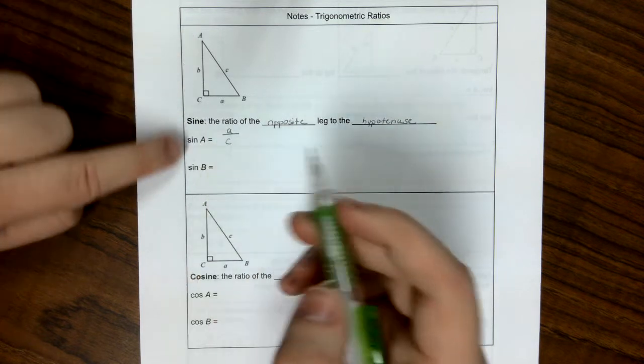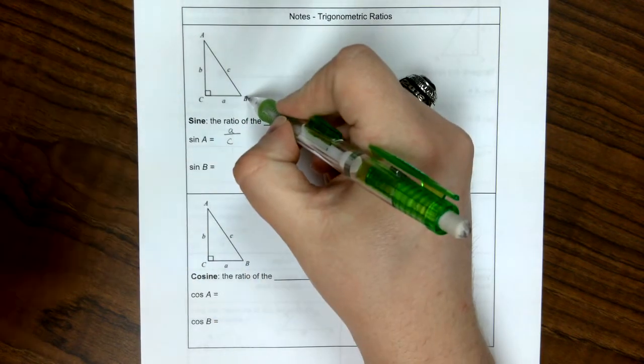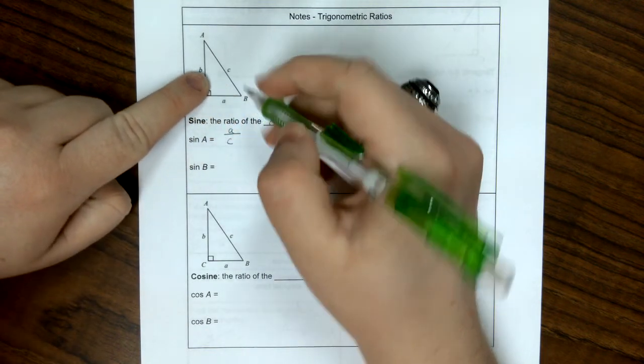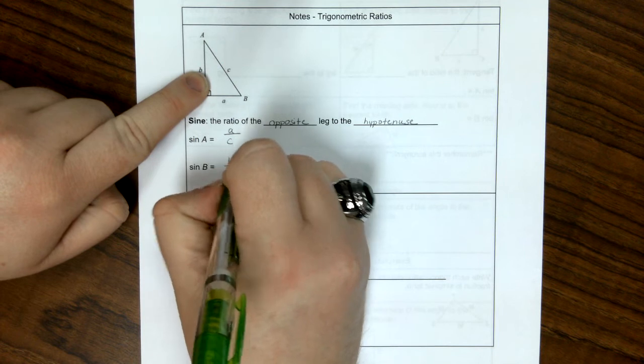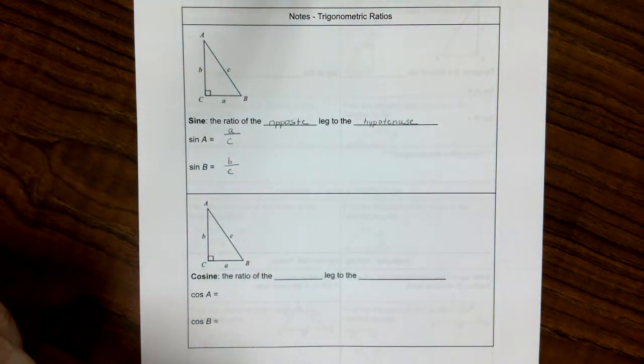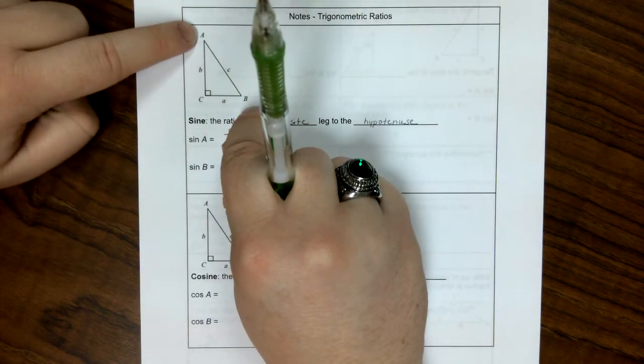Actually, that's A. Now we switch to B. So we go look at B. Look across the triangle for the opposite side, little b, over the hypotenuse C. So the hypotenuse stayed the same, but the opposite side changes based on where you're referencing from.